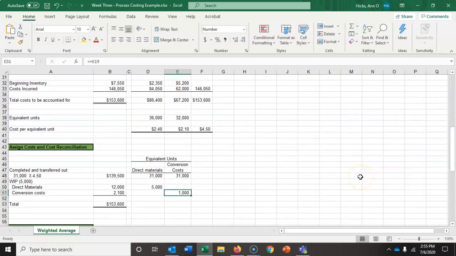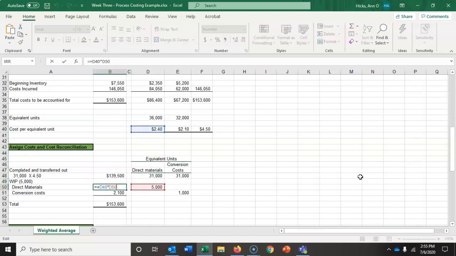So now what we'll have to do is use the individual costs per equivalent unit. So we will assign to work in process a total of 5,000 equivalent units times the $2.40, or $12,000.